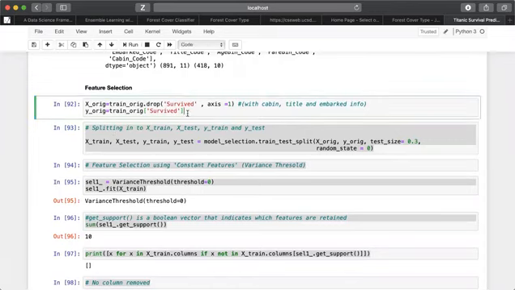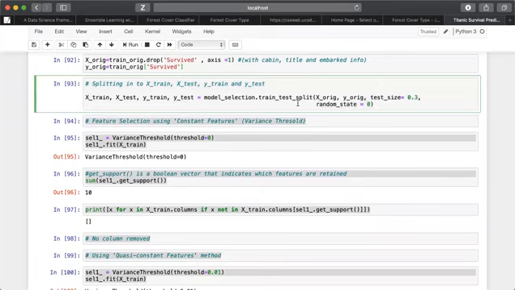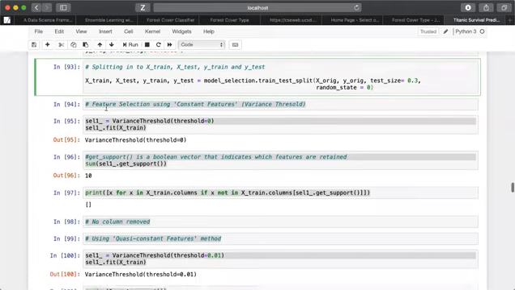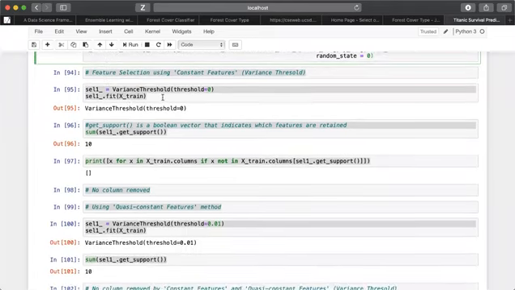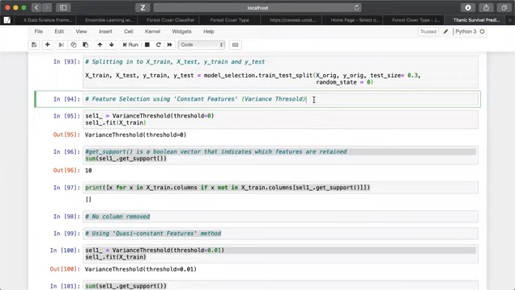First, I have made x_origin and y_origin, the independent and dependent variables. I have split them using the train_test_split method in a test size ratio of 0.3, by which we have got x_train, x_test, y_train, and y_test. The first method I used for feature selection is constant features, using the variance threshold.